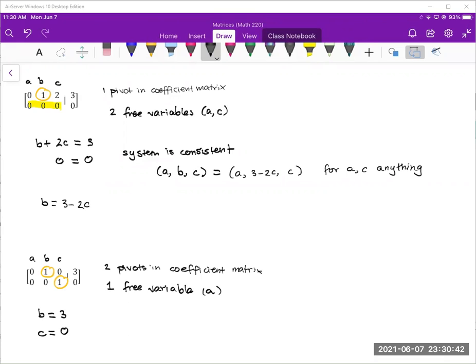Notice this is different from the case above, where all of our coefficients were equal to 0. Here, our coefficient of the c term is equal to 1. And so this is just saying we better set the value of c to be equal to 0. Okay, so here our system is consistent.